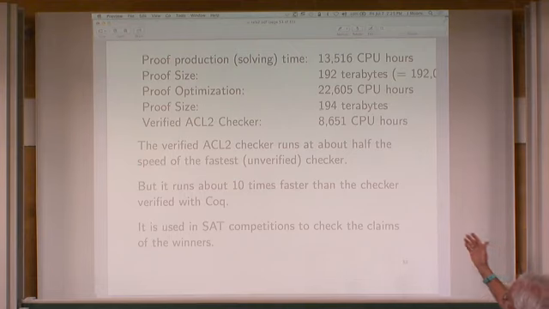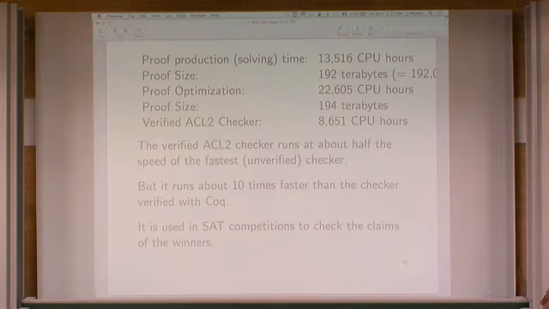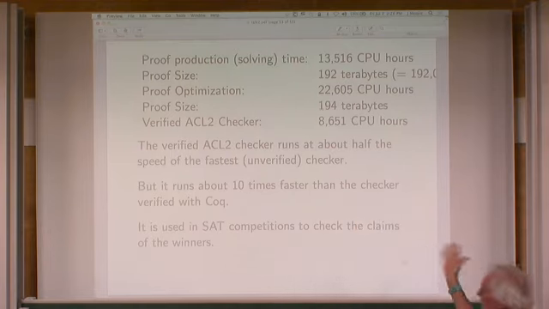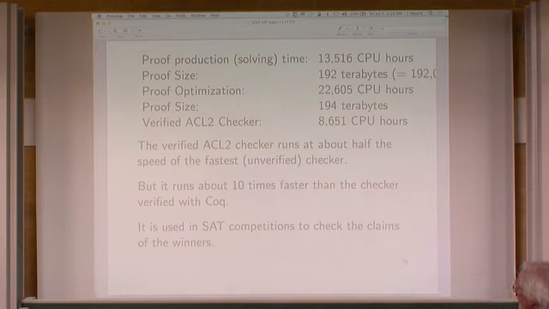Now, it turns out that the ACL2 checker runs at about half the speed of the fastest unverified checker. So that's the bad news. It happens to run about 10 times faster than a verified checker verified with Coq, so that's the good news from our perspective. And our SAT checker is to be used in SAT competitions to avoid this problem.